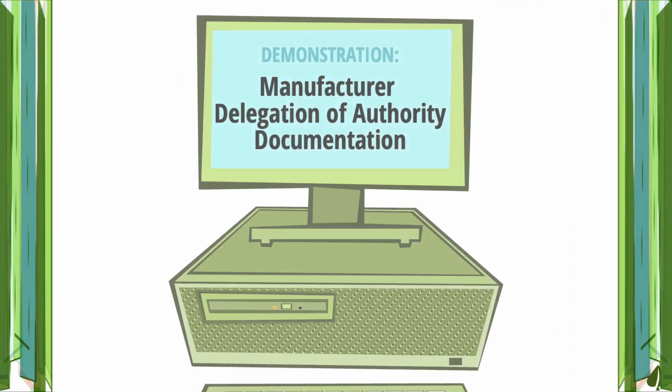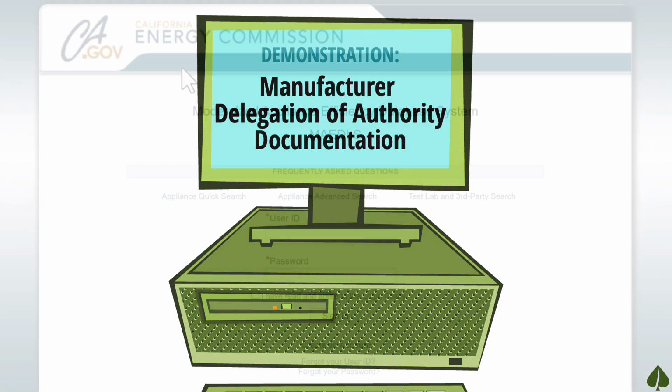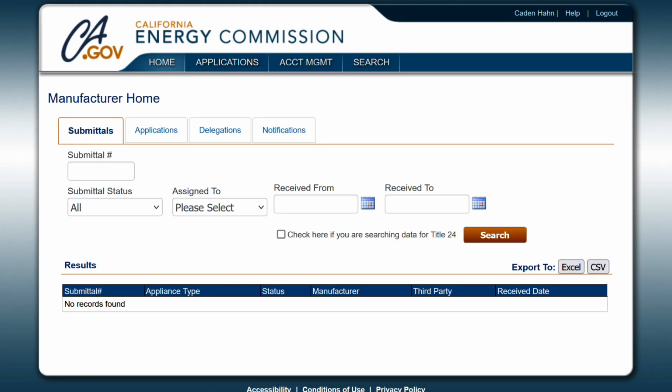Next, we'll go over how to submit a Delegation of Authority application. To submit a Delegation of Authority application, first go to the MAEDbS home page and log in with your user ID and password. What you see when you log into the database will depend on the account or accounts you have set up with the MAEDbS.